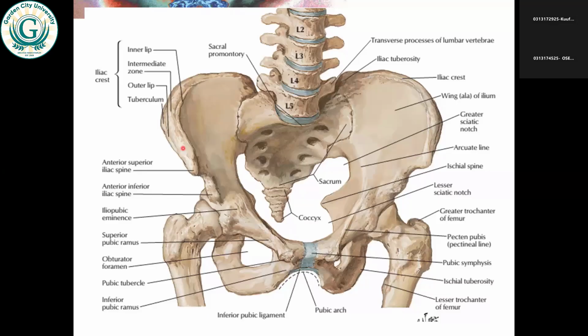They harvest the bone from the iliac crest, then go and fix it where they are doing the surgery, where the injury is. They want to stabilize the spine there. So that's what he was trying to say. Okay.